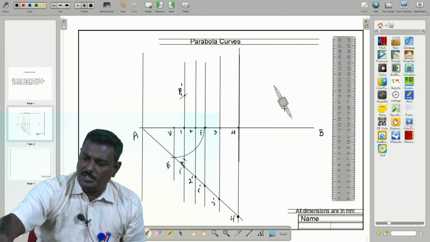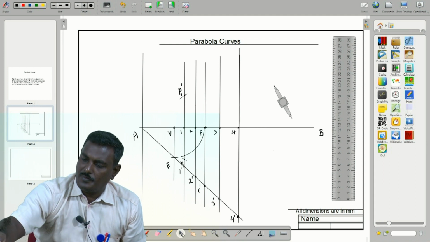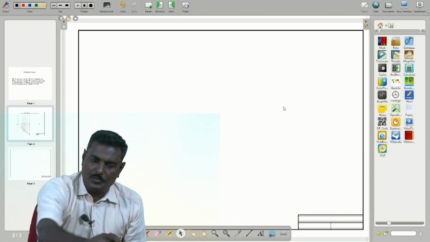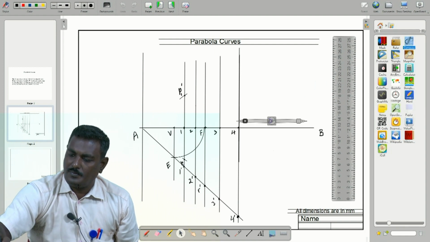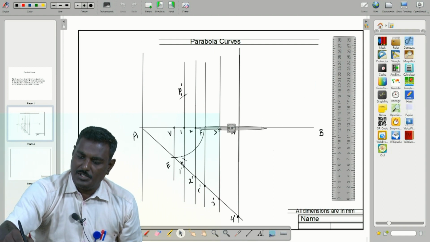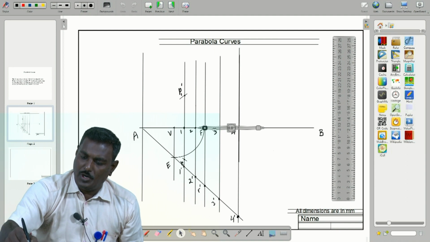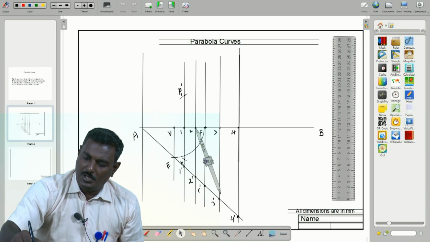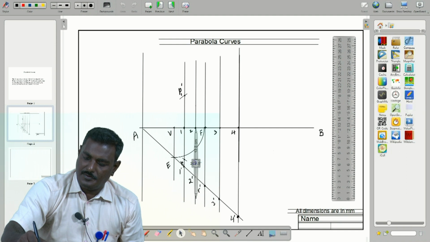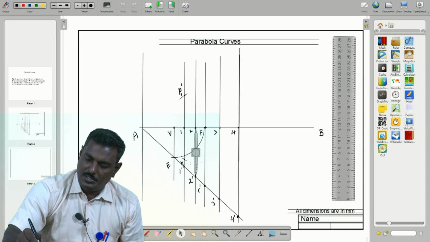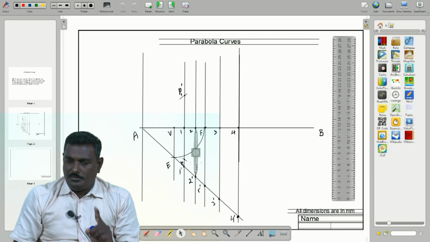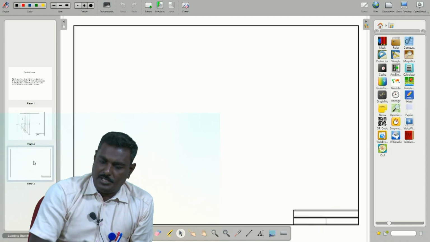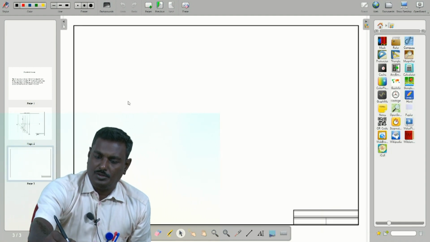In similar fashion, measure 2 dash as radius.